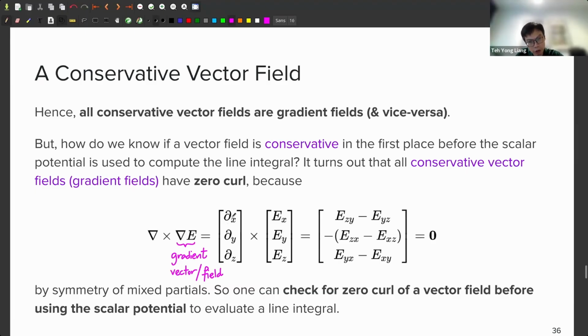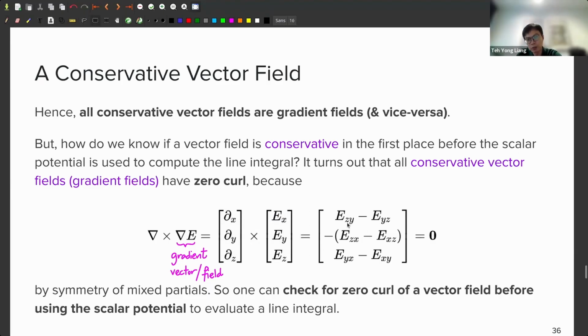Look at this operation. To get the first row, you differentiate E sub z with respect to y, minus differentiate E sub y with respect to z. Then this must give you E sub yz. If you understand the first row, you just extend to the other rows.